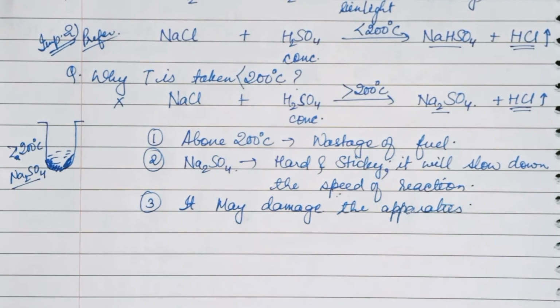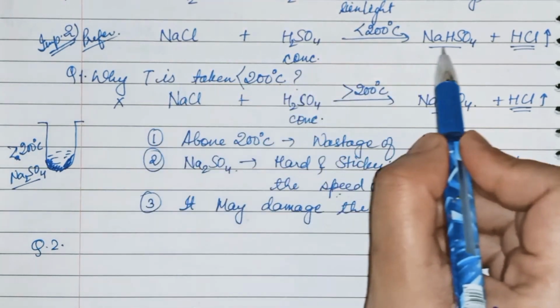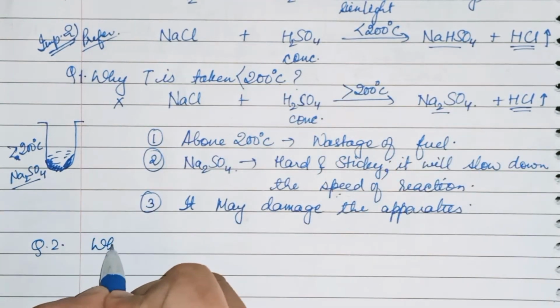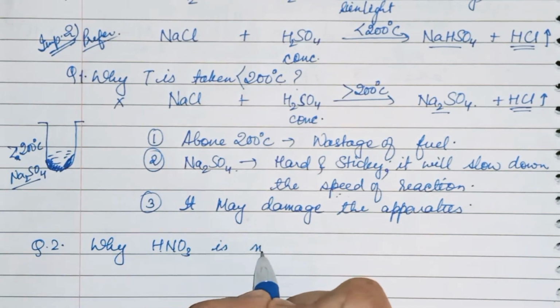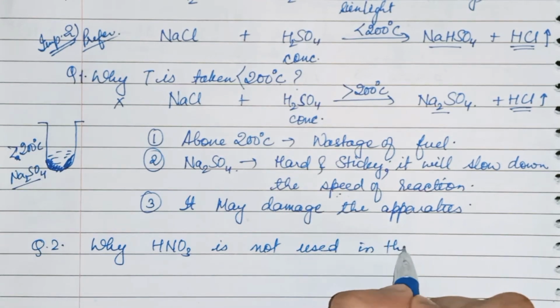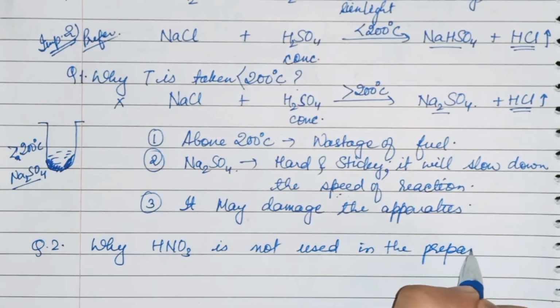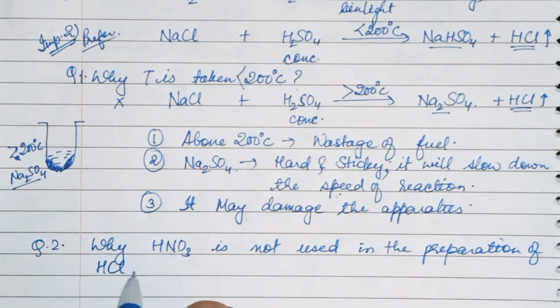Now the second question, which is also based on this only: why is HNO3 not used in the preparation of HCl gas?